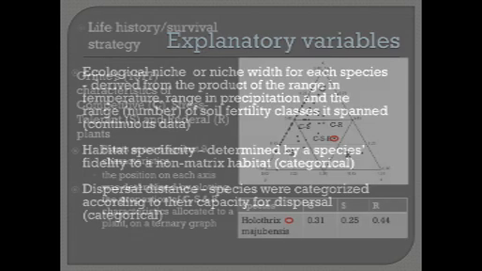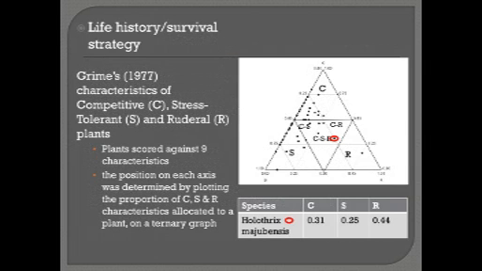Life history strategy, I used Grime's characteristics of competitive, stress tolerant and ruderal plants. Each species was scored against 9 characteristics, and then the position of each species on a ternary graph was determined by the proportion of competitive, stress tolerant and ruderal characteristics that each plant had.